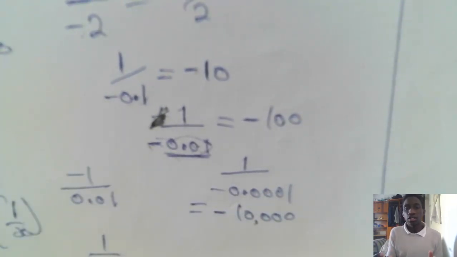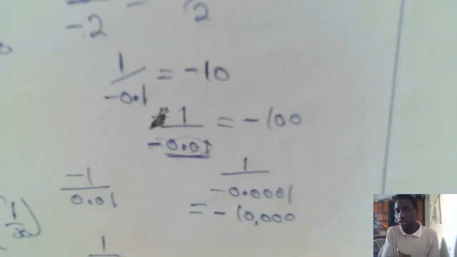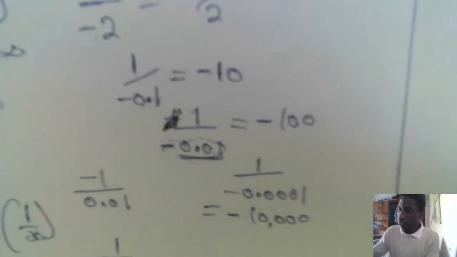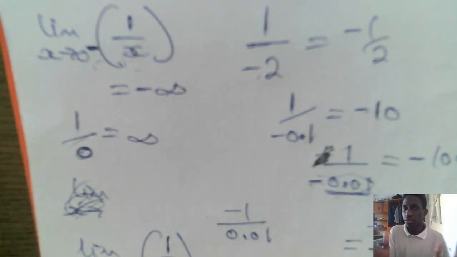So we keep on getting, should I use the word bigger in quotes, although they are lesser numbers, we keep on getting smaller numbers on the y-axis, but their magnitudes are bigger than the previous one, and they are negative numbers. So you'll keep on getting numbers like minus a million. So long as you keep on approaching 0 from the left, you get negative values that have bigger magnitudes. We just take note of that. That's a concept that we should just hold on to.